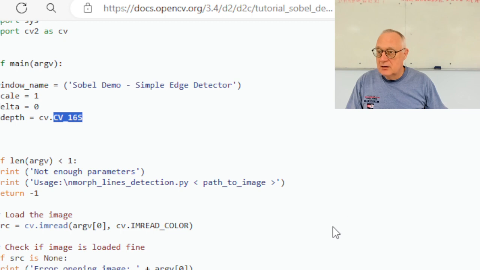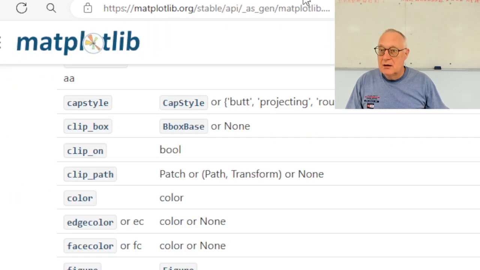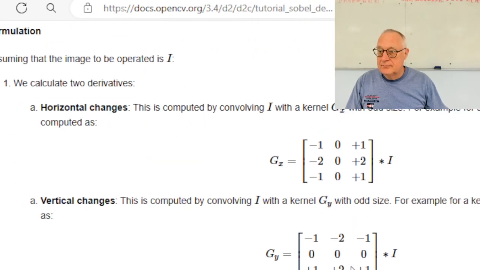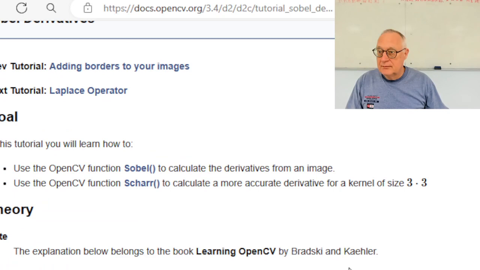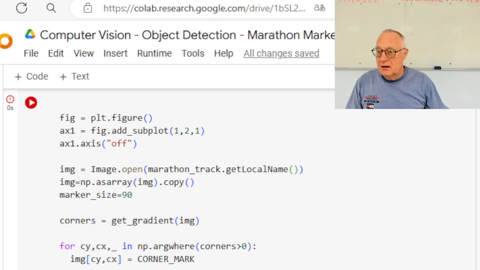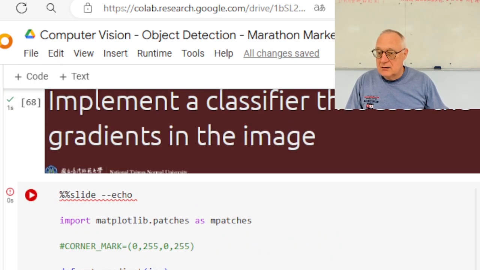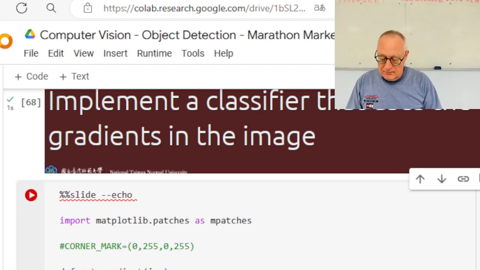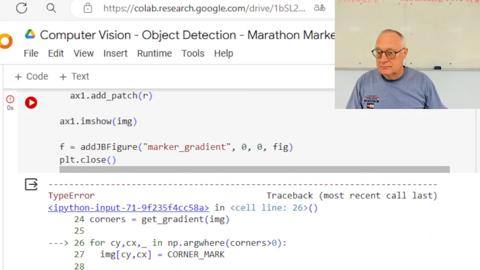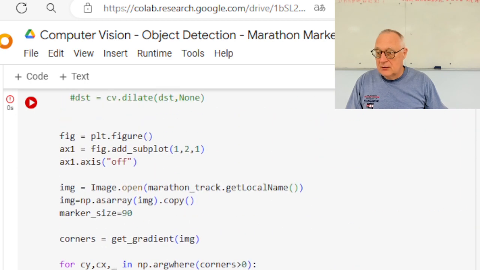Okay, it's... Case size. Okay. Case size. Okay, and here, of course.